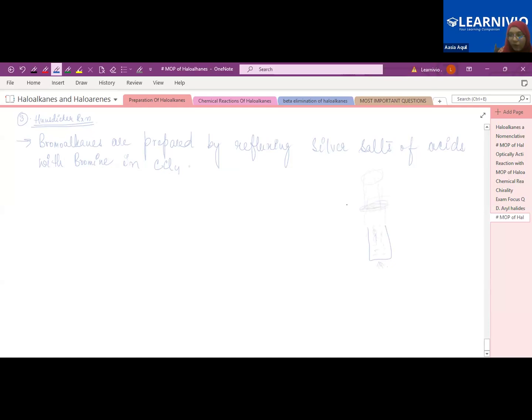In the reflux technique, we use a condenser, and in the condenser water is being filled. When the vapors hit the cold surface, condensation happens.